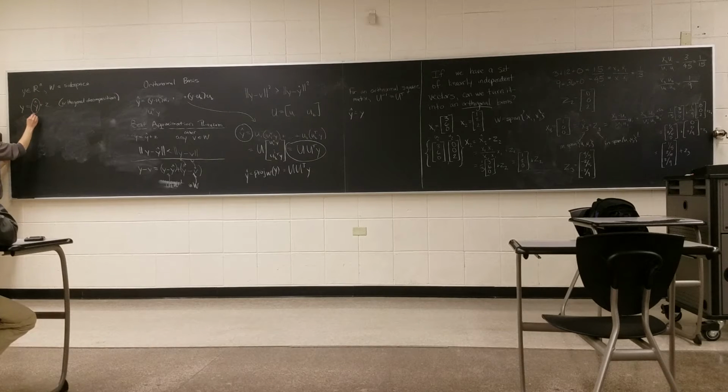This right here is the part perpendicular to the line. And the line is a scalar multiple of that vector, so long as this isn't 0. Okay.